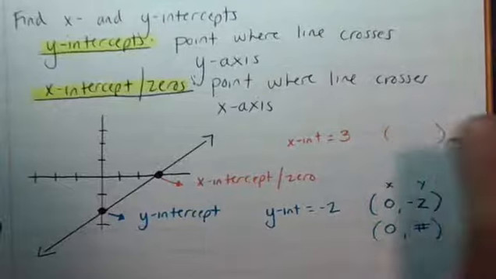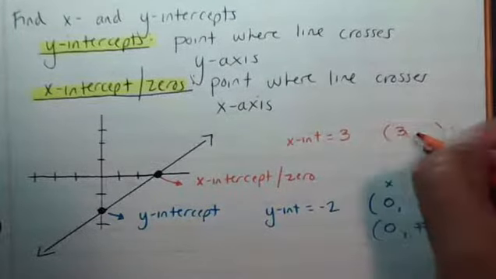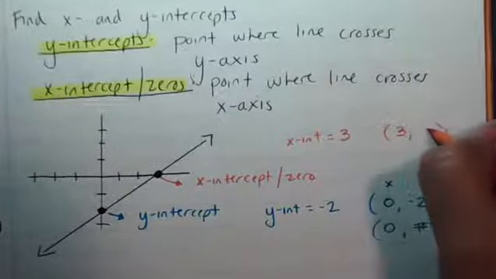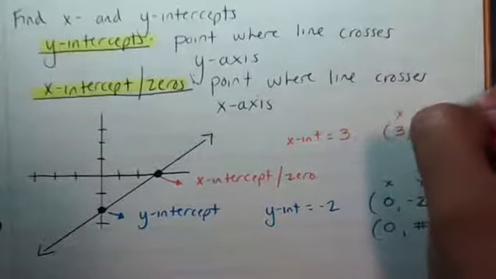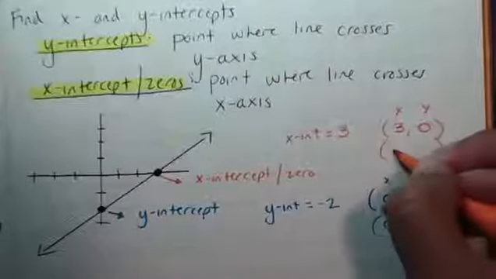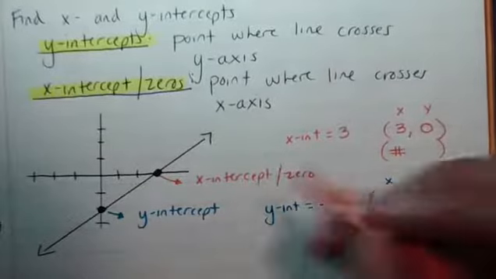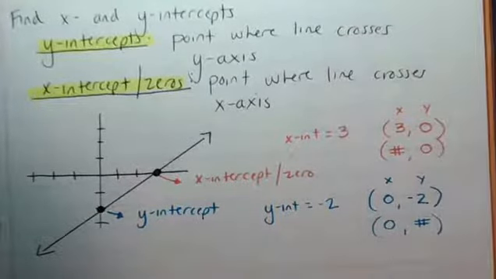Or we can write that as an ordered pair. Since it's the x-intercept, the x value is 3, the y value is 0. With the x-intercept, we're always going to have the number that it crosses over as the x value and 0 as the y value.